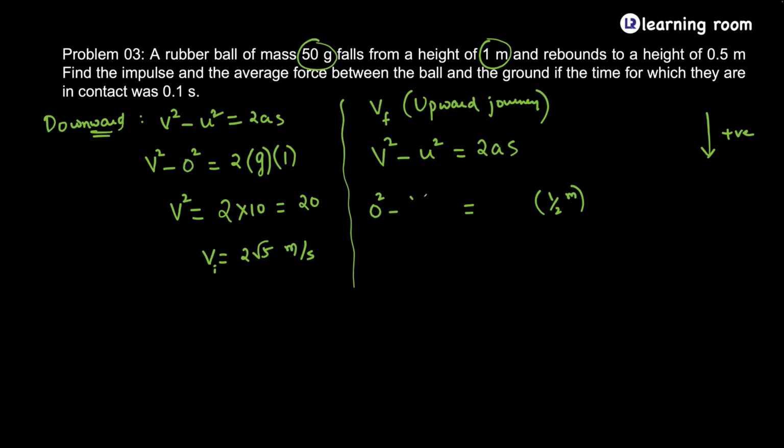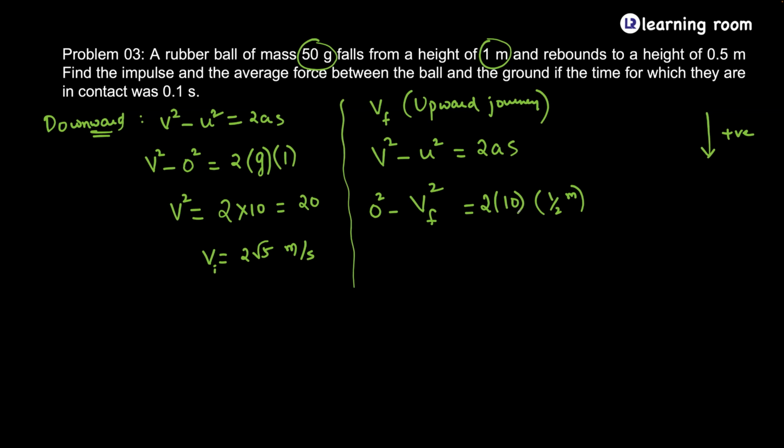So this is what is going to be Vf square, because this is the velocity attained by the particle immediately after collision. So this is the velocity before the collision. This is the velocity after the collision. So this will be initial velocity, and this will be final velocity. Am I clear till this point? Right. So minus Vf square is equal to 2 into, I'm taking the acceleration as 10.